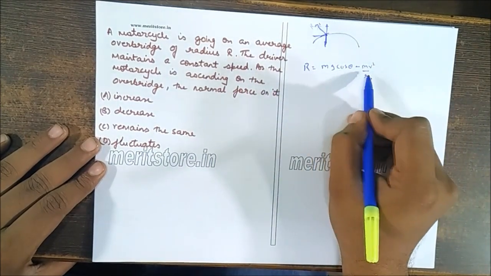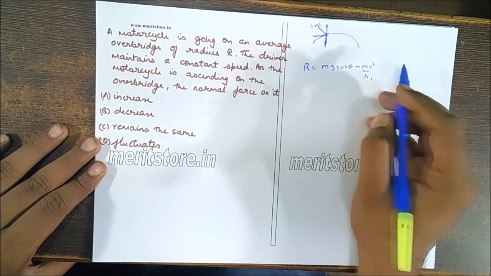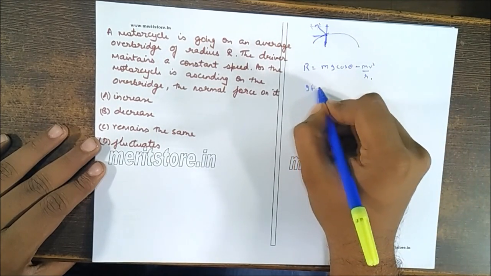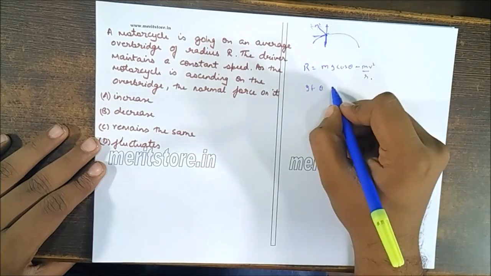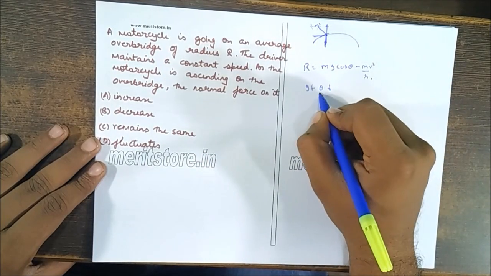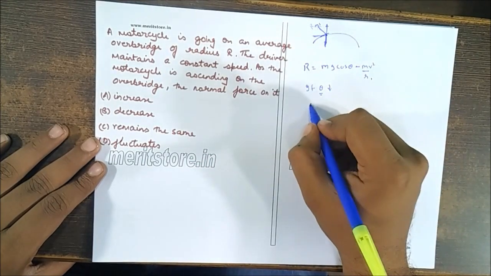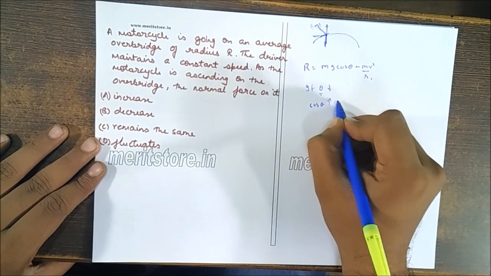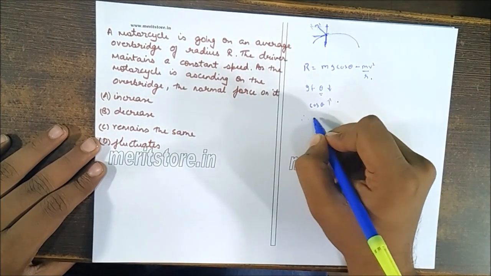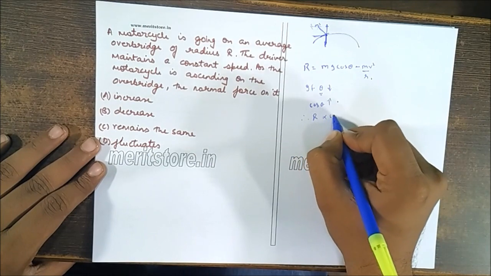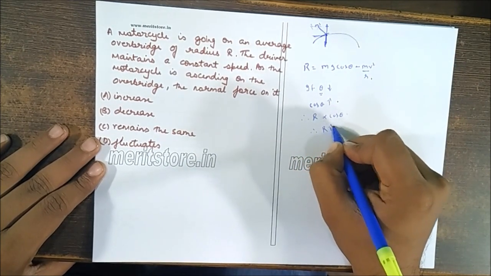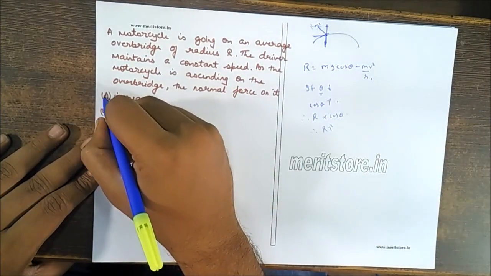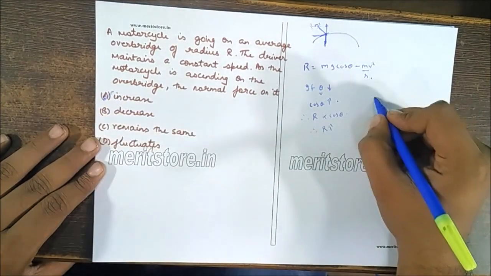So mg cos theta minus mv square upon r. So if it's ascending, that means theta is decreasing. So if theta is decreasing, I would say cos theta would increase. Hence, N is directly proportional to cos theta. Therefore, N also increases. Option A.